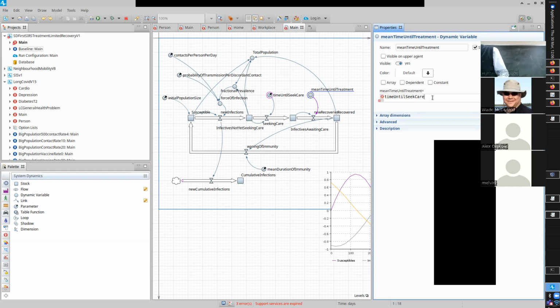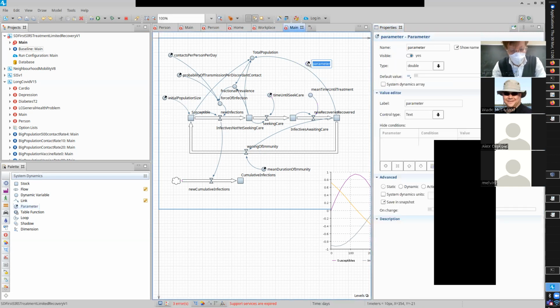Okay, so ladies and gentlemen, we're going to have some numbers of healthcare workers here. We're going to call them healthcare workers.